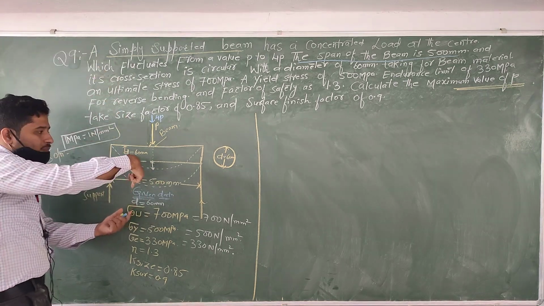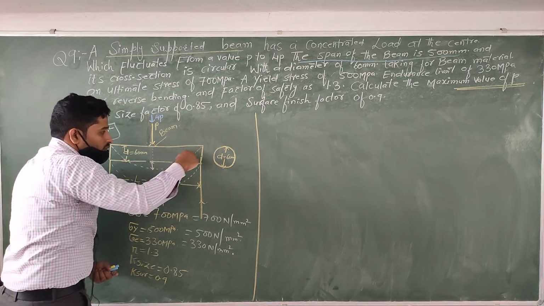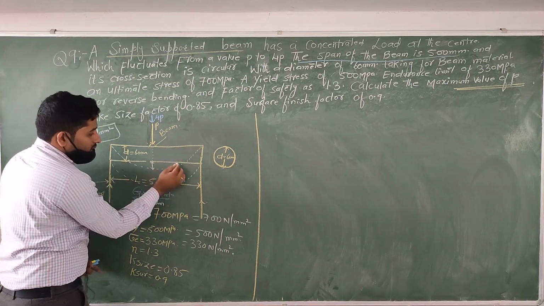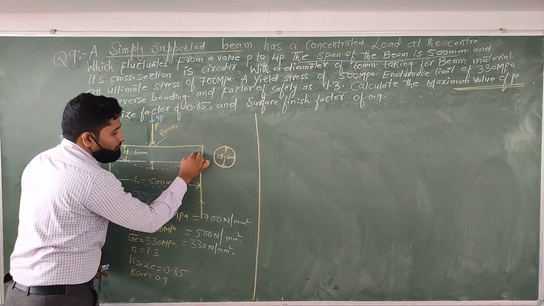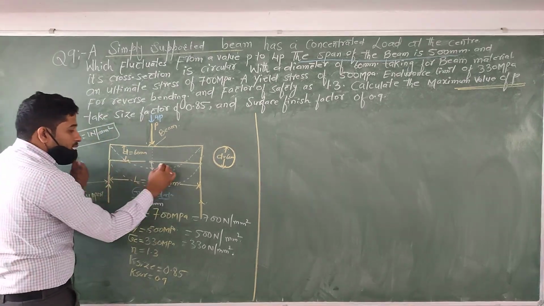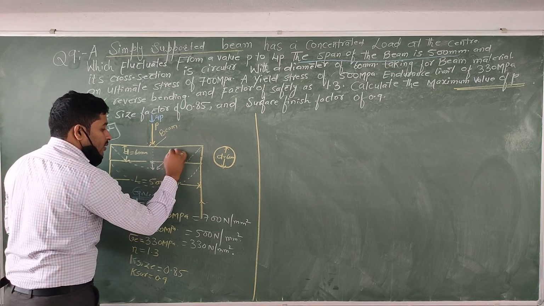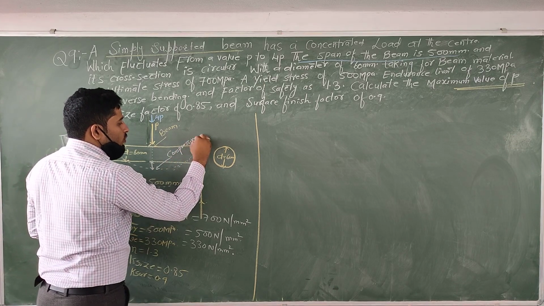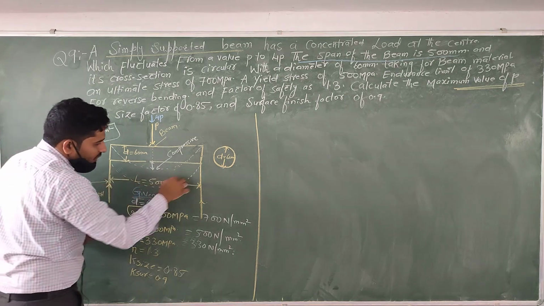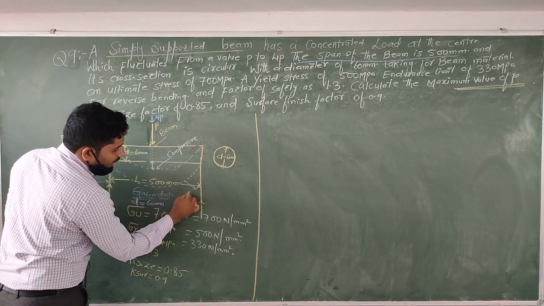If you apply the maximum force, this dotted line indicates the top fiber. On the top fiber, the compressive force is acting. On the bottom fiber, the tensile force is acting.